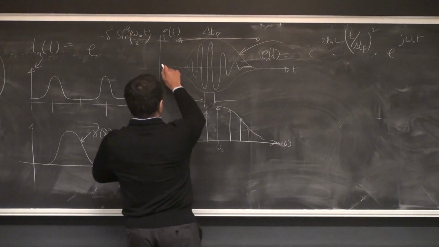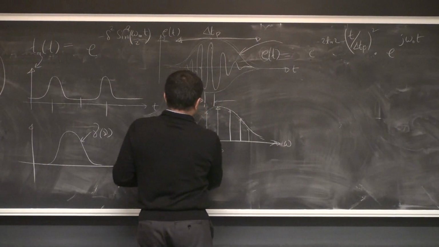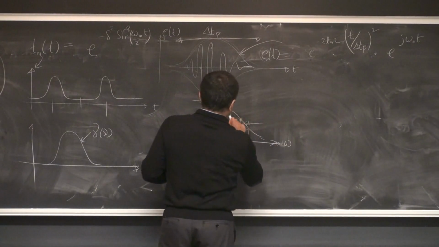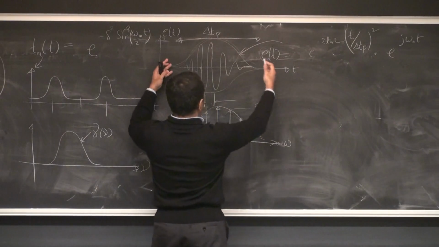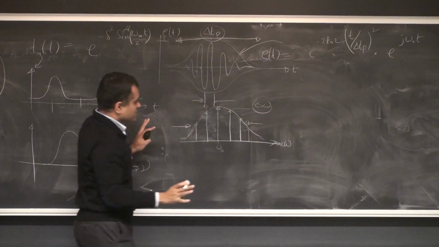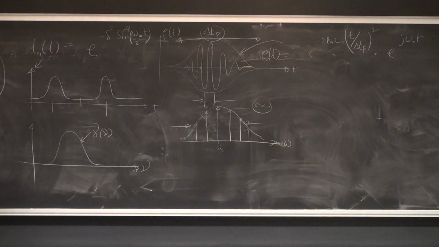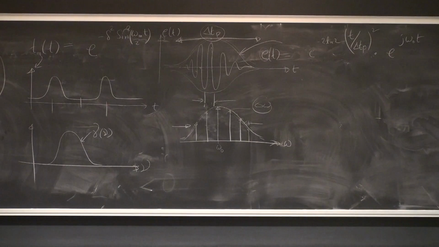Whenever I have a pulse like that, I do spread this out. And this is your spread in the frequency domain, delta omega, which is related to the spread in the time domain. And I think the product of this is the smallest for a Gaussian, in time domain and frequency domain. Any other shape you choose will have a slightly bigger product.